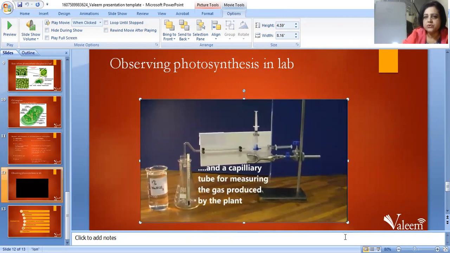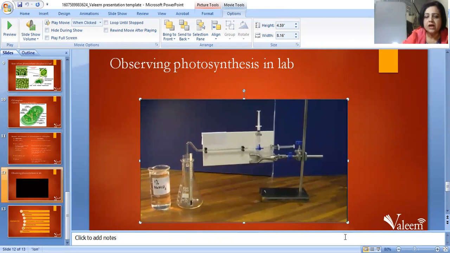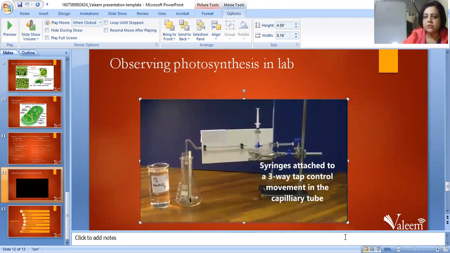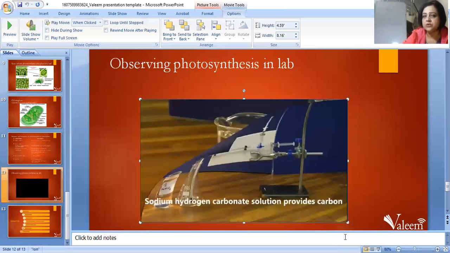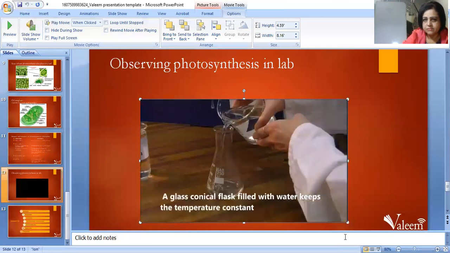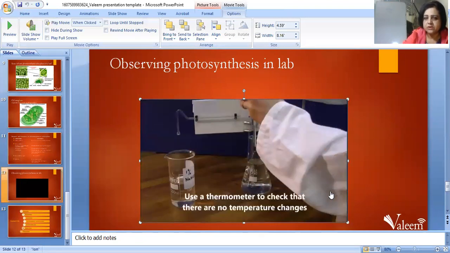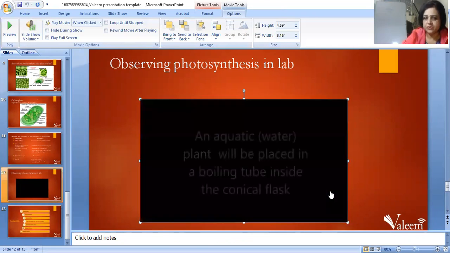So here they are using an apparatus called a photosynthometer, which will help you to find out how photosynthesis is taking place and what is the rate of photosynthesis. This video is without sound. That's why I am explaining along with the video.